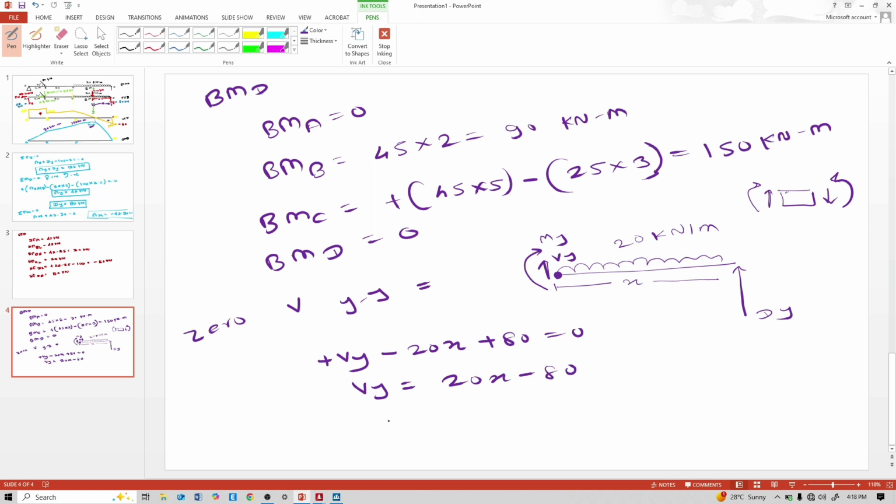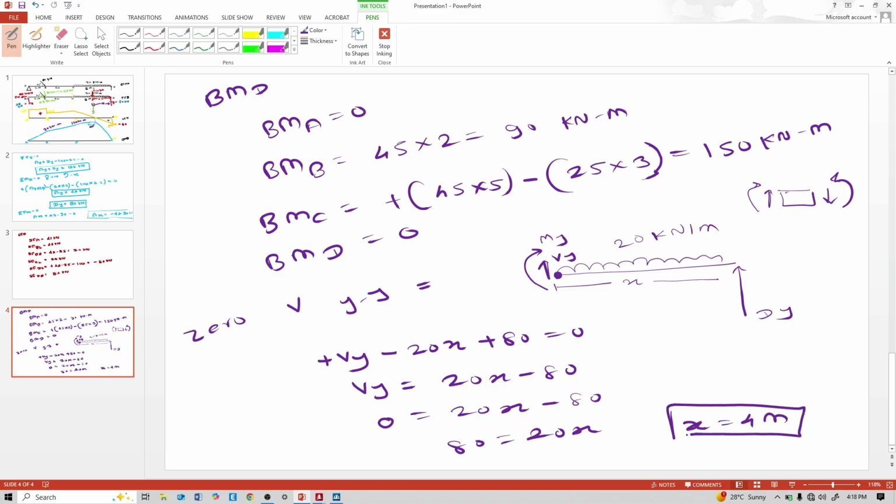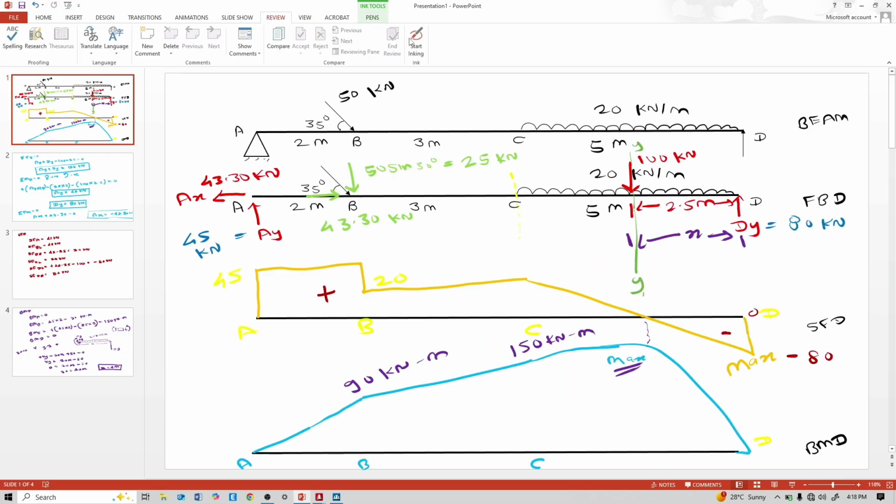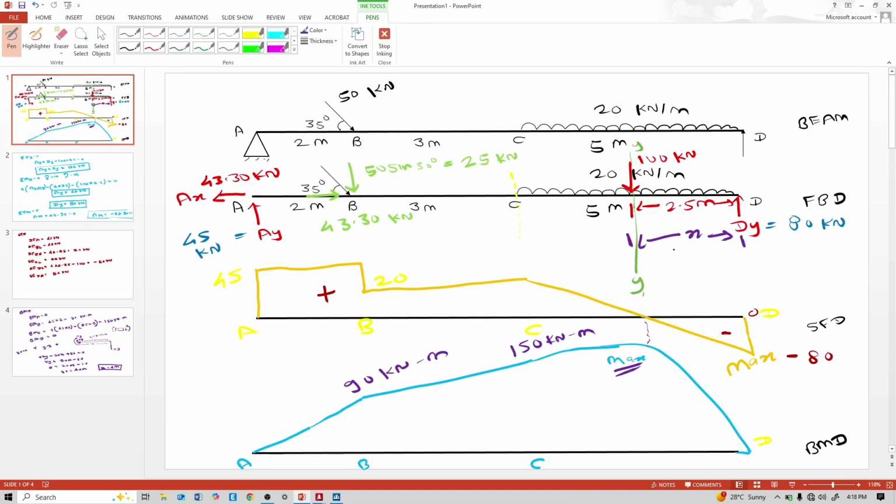And this Vy is 0 there. 0 is equal to 20x minus 80. So 80 is equal to 20x and x is equal to 4 meter. So shear force is 0, 4 meter from D point. That means from A point it is 10 minus 4, that means it is 6 meter.